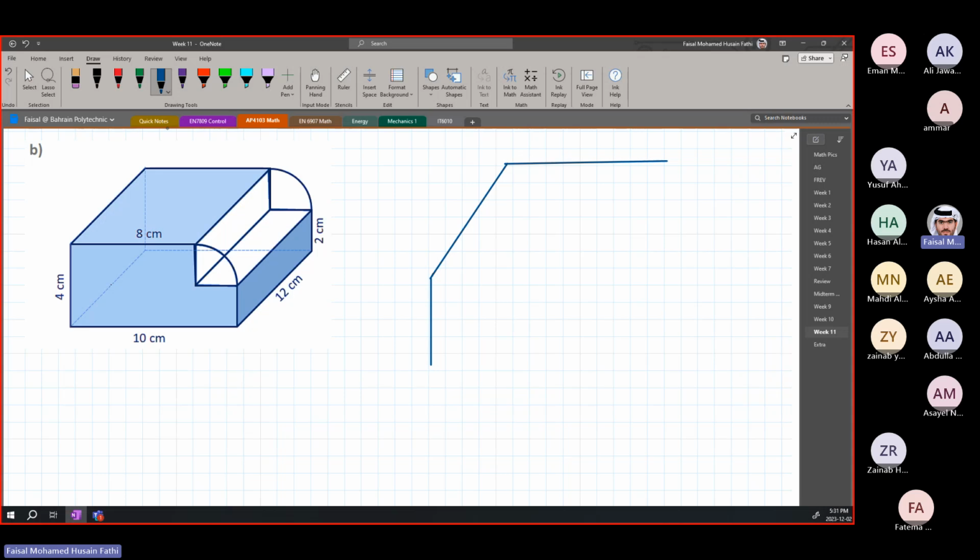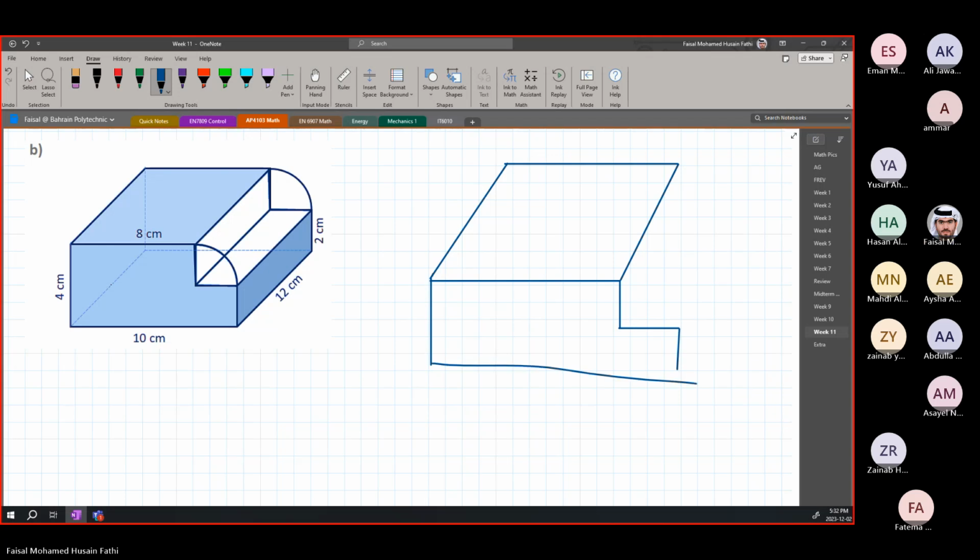It's going to look something like this. Then it goes down here. It goes here. And it goes here.